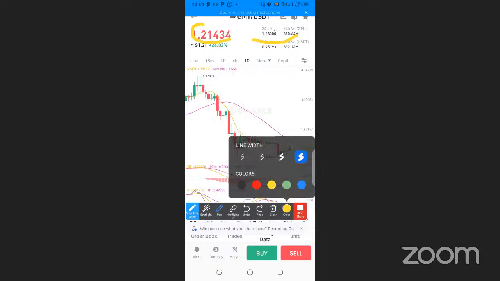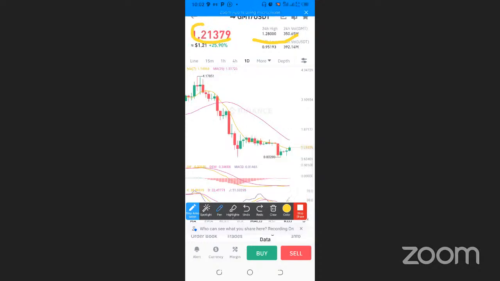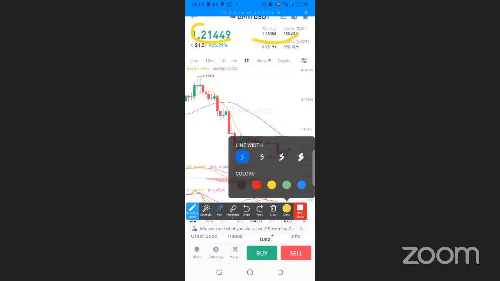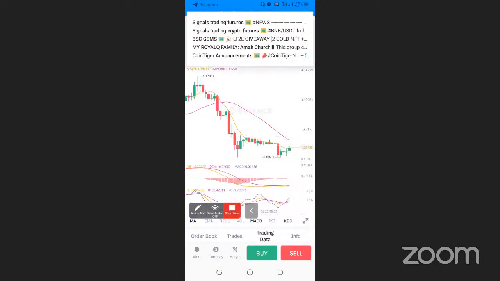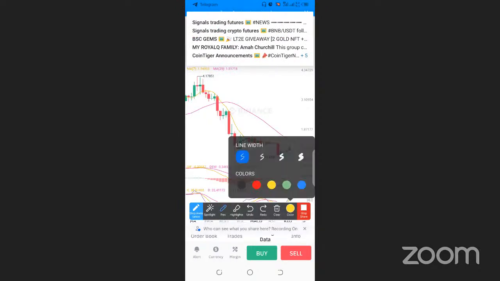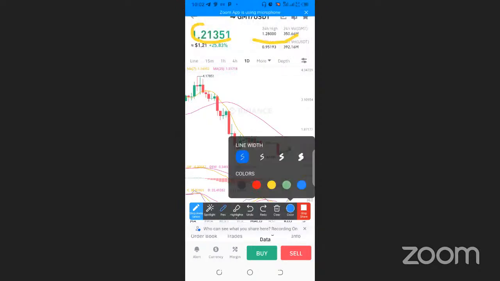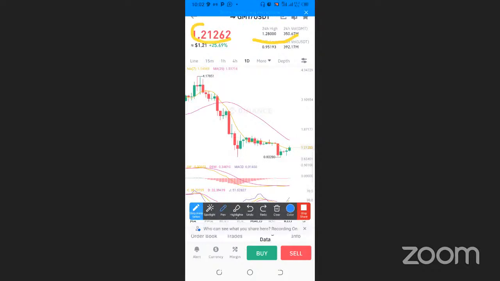Let me change this into a smaller distance. Now you can see the all-time high. Look at the all-time low. Look at the current price. We have already hit 25%.